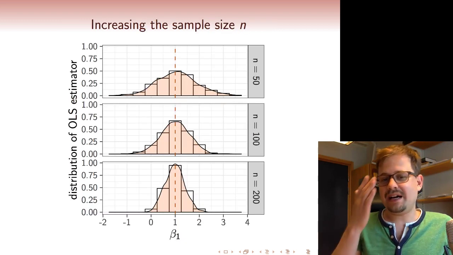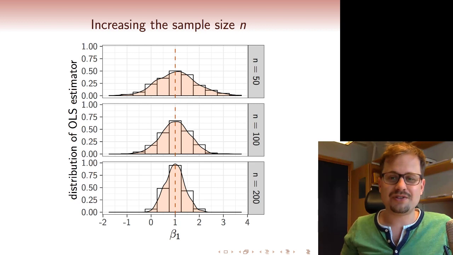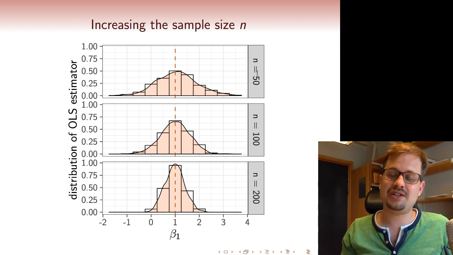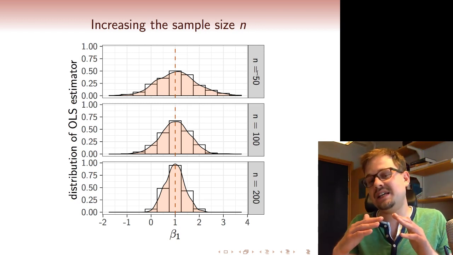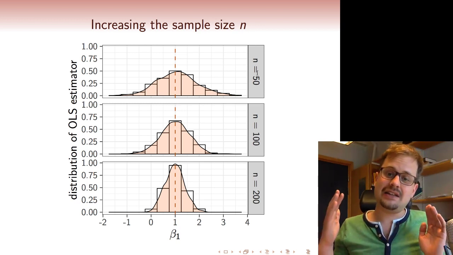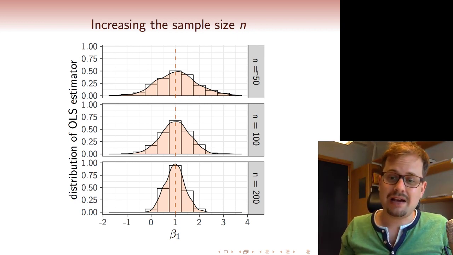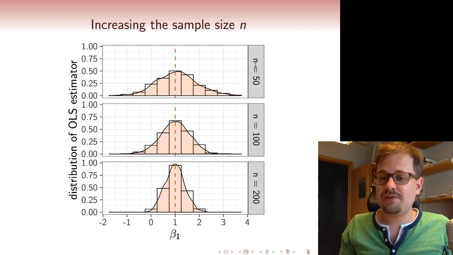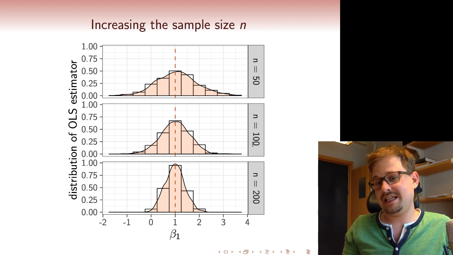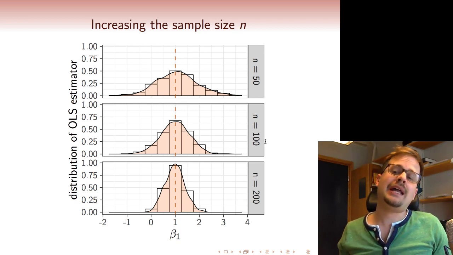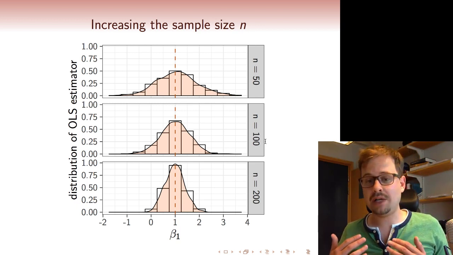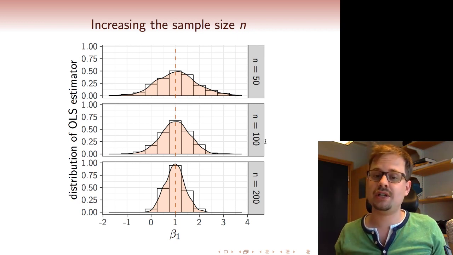So here is a summary of the simulation results. The first panel has sample size n equal 50, so it's just the same graph that you've seen before. It looks a little different because the scaling is different, but it's really exactly the same graph. And now as we move from the first panel to the second panel, that corresponds to a doubling of the sample size, going from n equal 50 to n equal 100, and that changes the distribution.